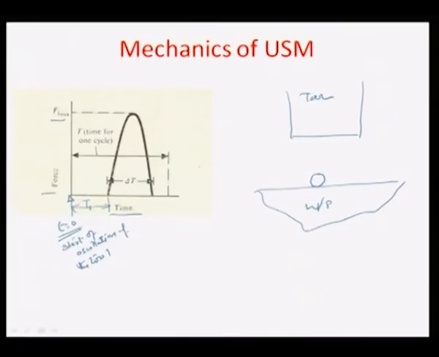So, the time T1 is really spent by the tool in covering this distance here, okay, from the initial position of the tool to this position where contact takes place with the grain, which is already in contact with the workpiece surface. So, that is represented by time T1.